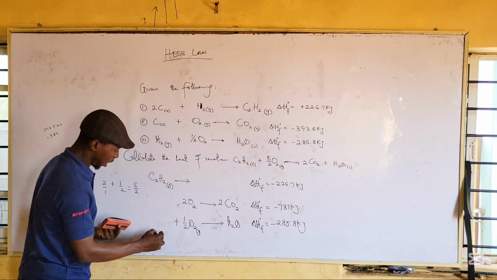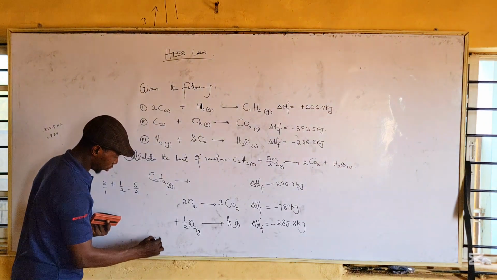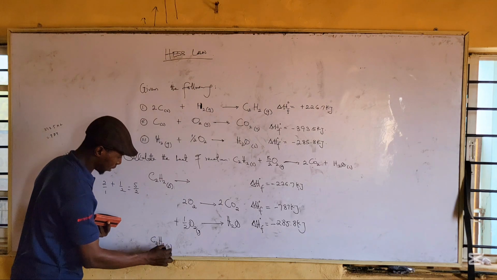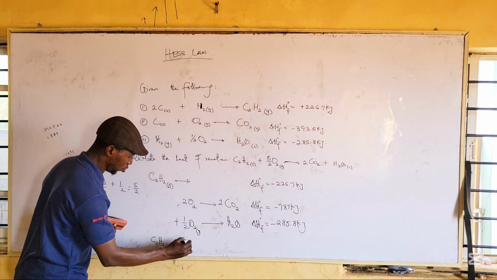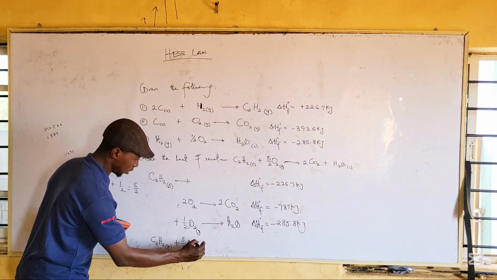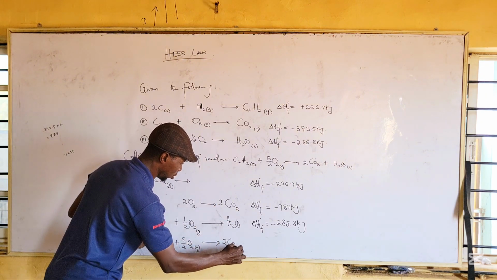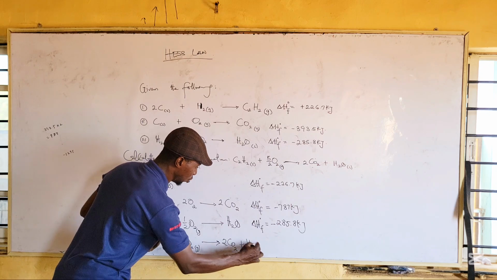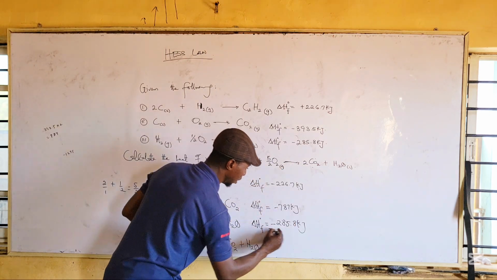At the end of the day, we're going to have C2H2 gas plus, when you add the two reactants, 5 over 2 O2, also gas, to give 2CO2 plus H2O, which is what we have in this main equation. Then we can now add all these things together to get our answer.